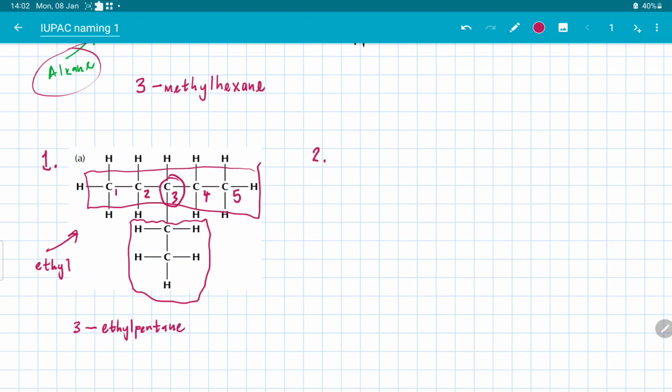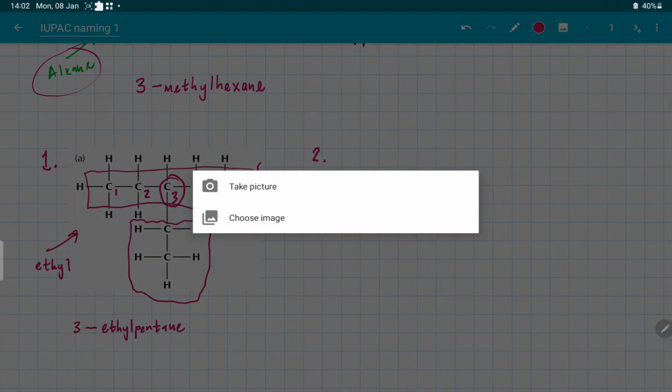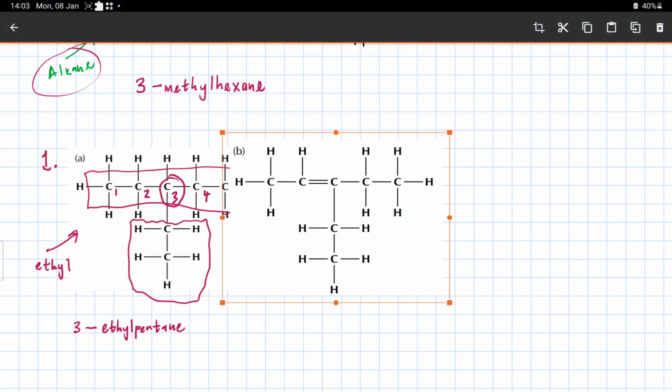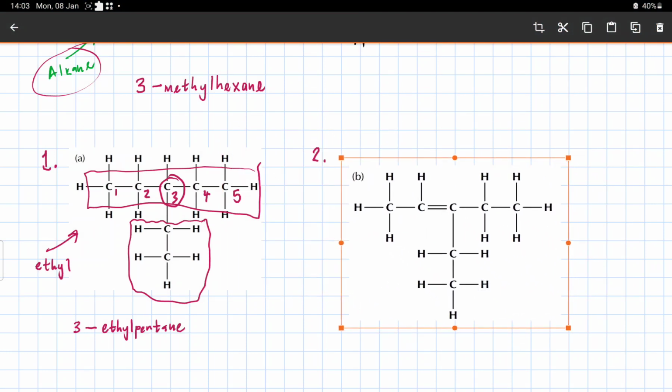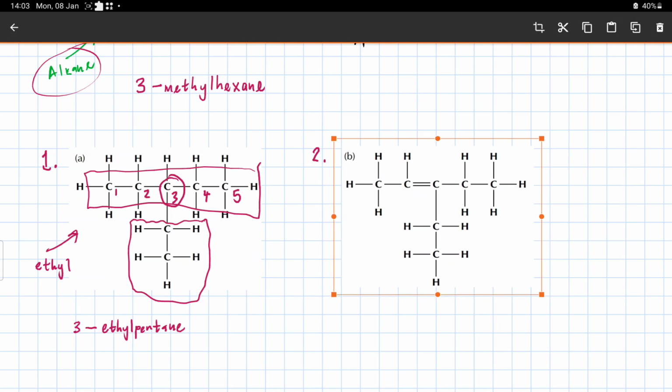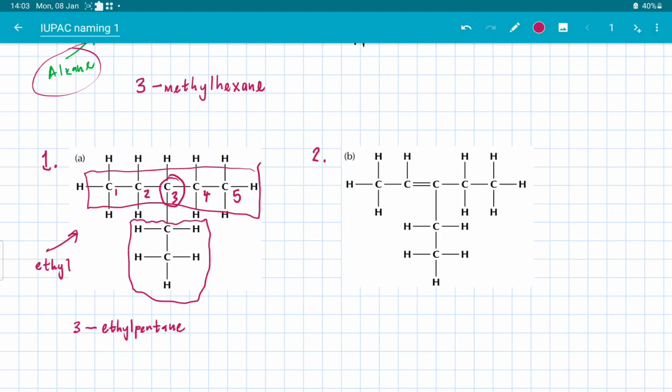See example 2. Example 2 is about complicated, increasing difficulty. Interesting. Again, the two molecules look similar.